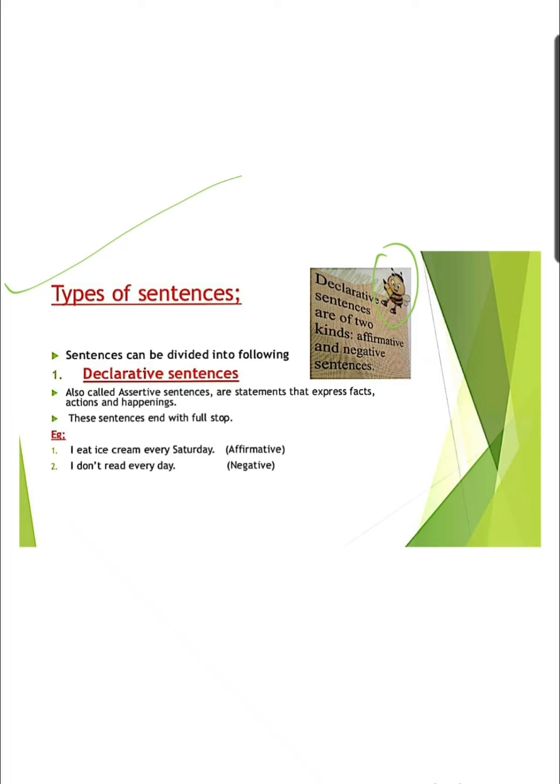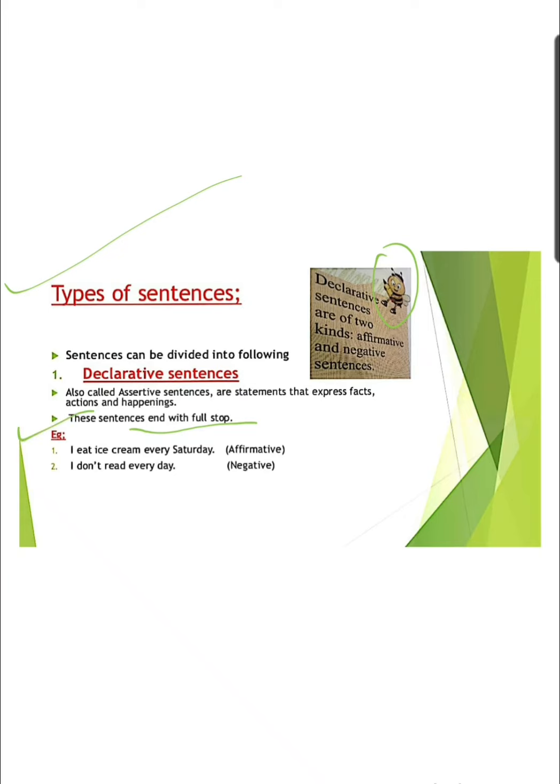Affirmative are always in the form of yes, when they perform something, where there is no not, don't, or such words. These sentences always end with a full stop, punctuation.